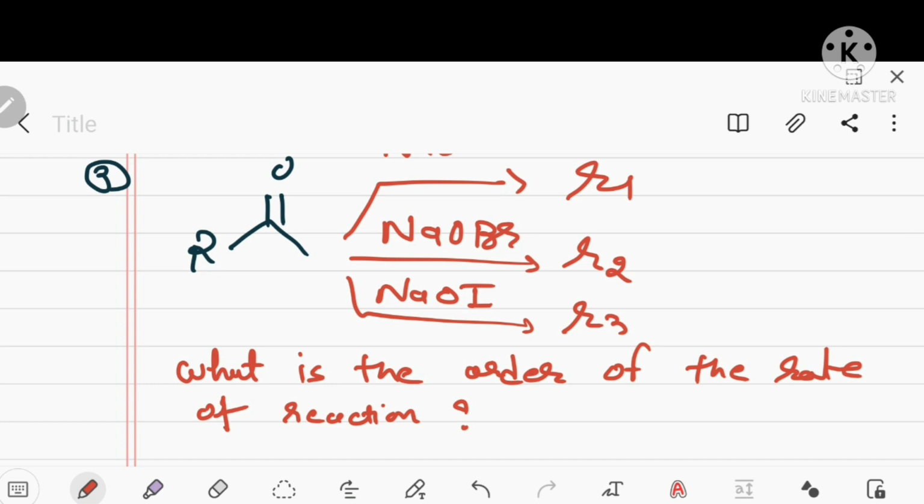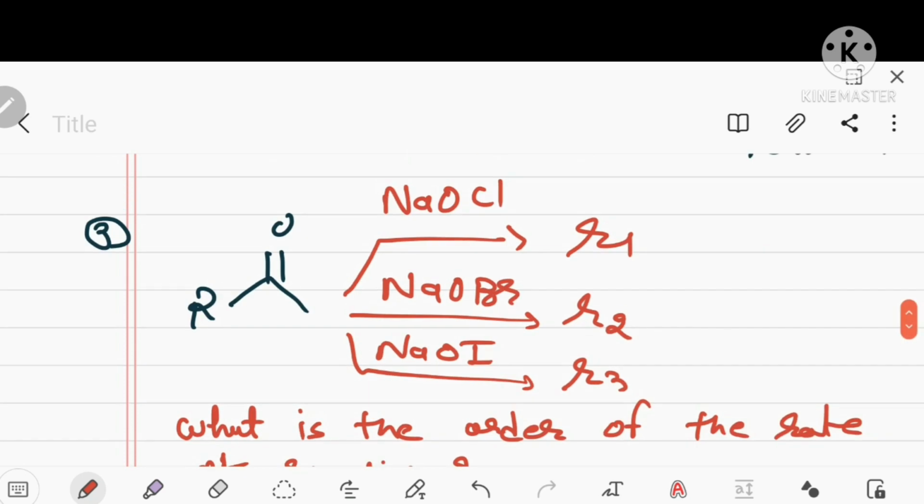First of all, you are thinking that since the methyl keto is given, iodoform, chloroform or bromoform may be possible. But as I mentioned, this is the most important topic, and I try my level best that all the points are covered in the haloform test.